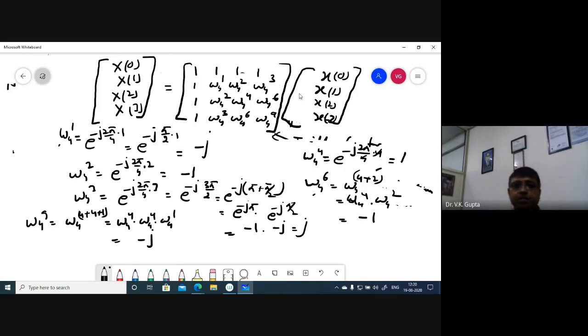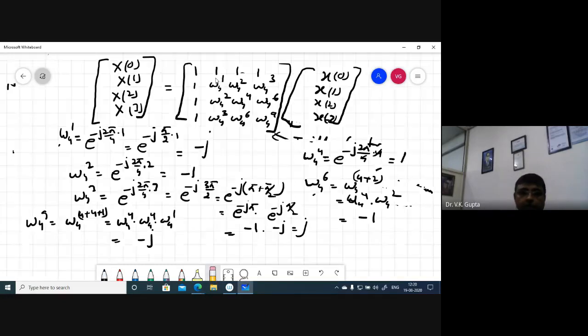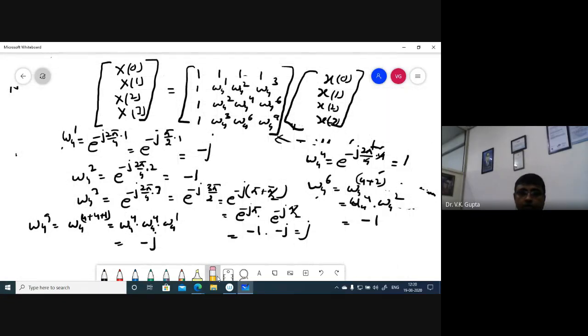Therefore, this matrix can be replaced by these values. W41 can be replaced by minus j.